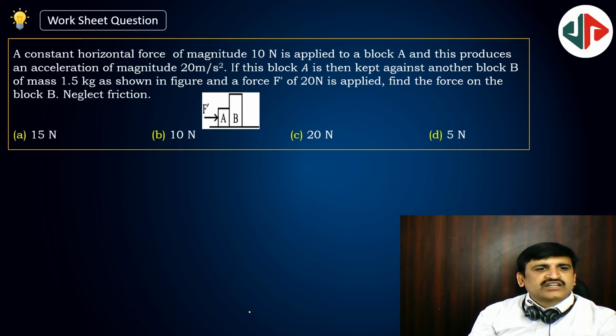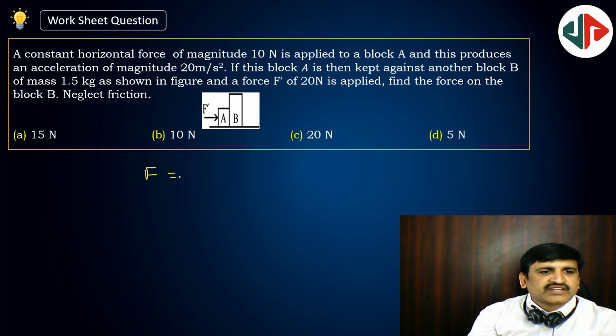A constant horizontal force of magnitude F equal to 10 Newton is applied to a block A, and produces an acceleration a is equal to 20 meter per second square.